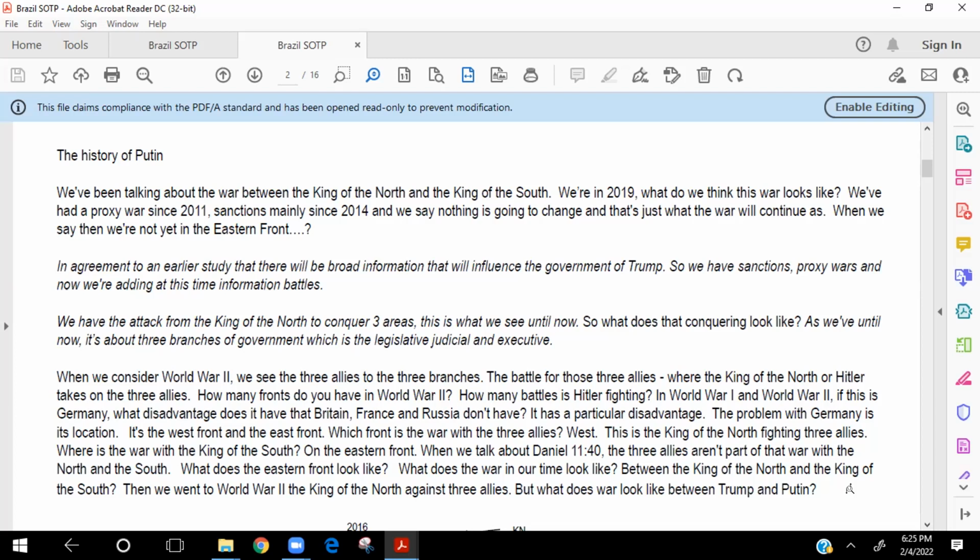So what does that conquering look like? Until now, it's about 3 branches of government, which is the legislative, judicial, and executive. When we consider World War II, we will see the 3 allies to the 3 branches, the battle for those 3 allies, where the King of the North, or Hitler, takes on the 3 allies.